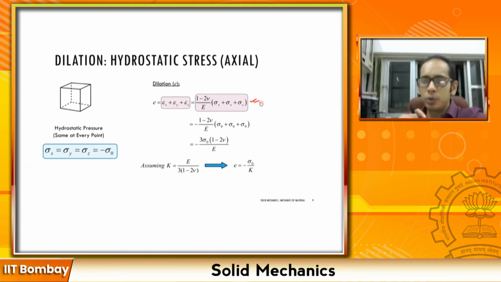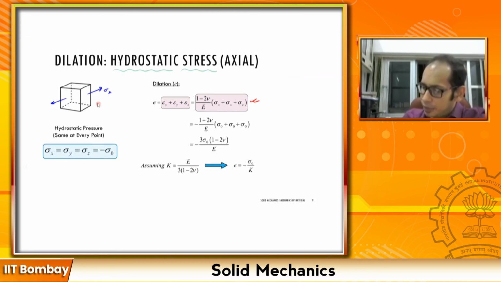Now if you are looking at a special case of a triaxial state of stress, that is the hydrostatic stress, which means that if you take this cube, or a structure which is say deep underwater, it's in equilibrium, and essentially it has the same stresses acting in the x direction, in the y and in the z direction as well. So essentially if you take this cube over here, this has the same stresses across all the directions, right?